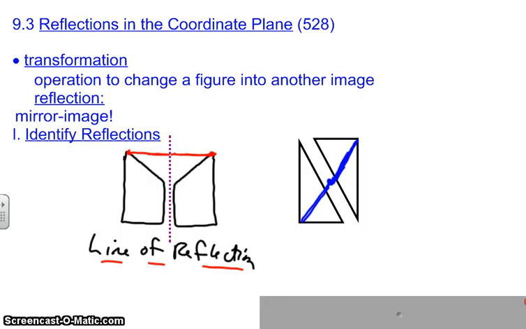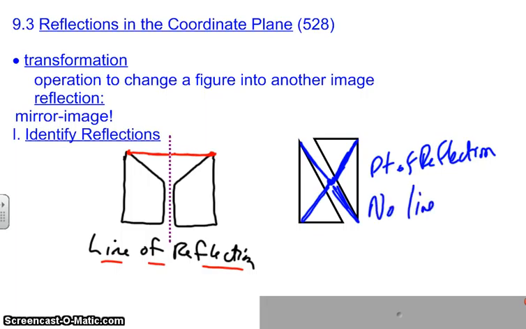Yes, right? Even this vertex here is about that far from this point, and so is the other vertex, right? So we could put a point of reflection here. This is a little bit of advanced geometry for you though, but there is no line of reflection for this figure. There is for the first figure. Okay, do you understand the difference between a point and a line?